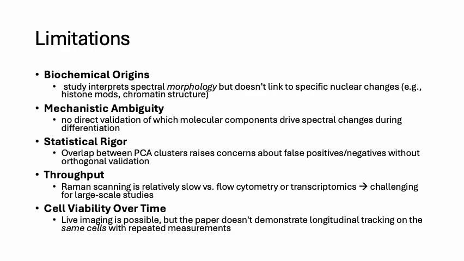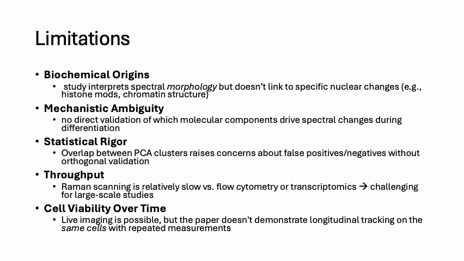So we can't talk about the strengths without discussing the limitations. First of all, even though Raman spec can note specific peaks, for example, the amide 1 peak at 1660 or the cytochrome C peak at 1580, they don't definitively prove the detailed biochemical events behind each principal component.